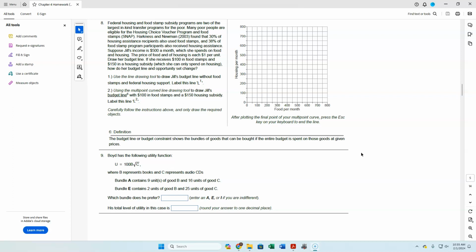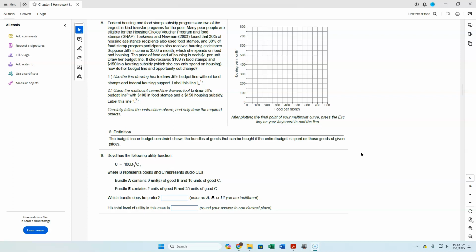Number 8. So here what we're looking at are the food stamp program and the federal housing program. And we're told that people become eligible for both, and presumably that there'd be some problem because the money isn't interchangeable.